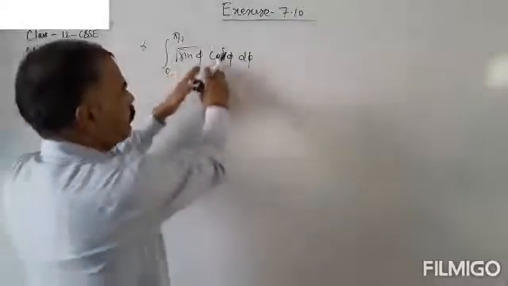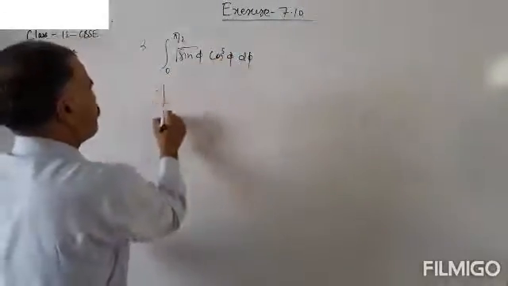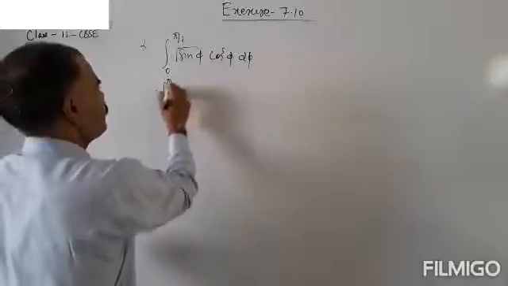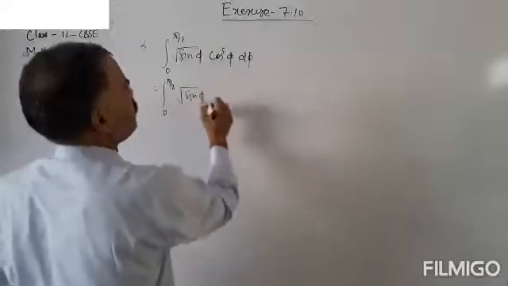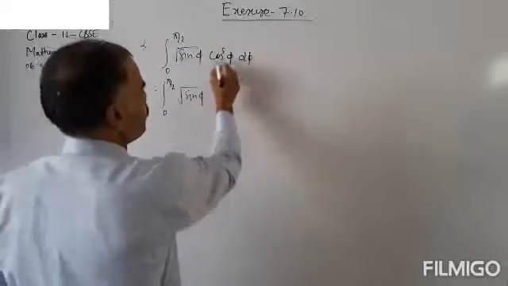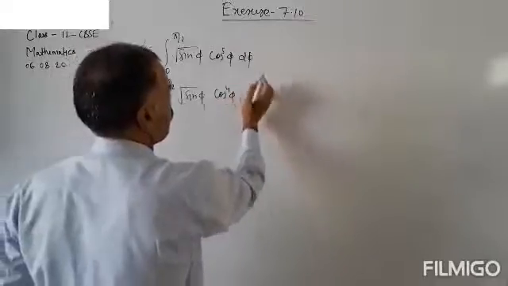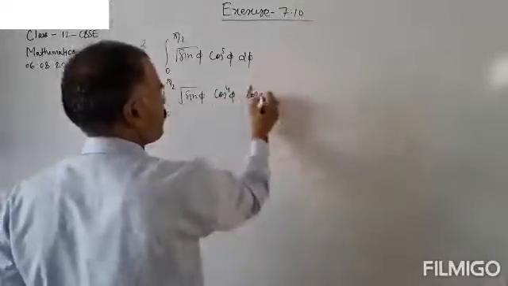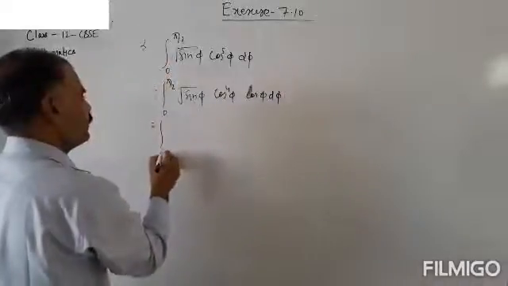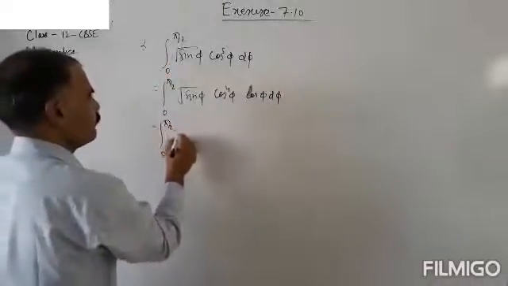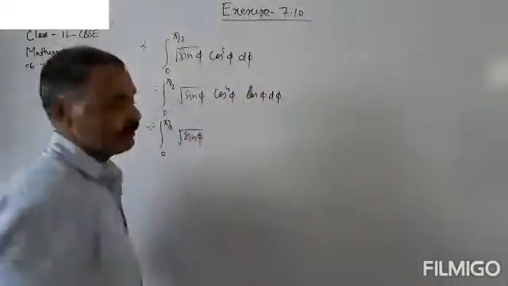Means we will split cos to the power 5 phi in 0 to pi by 2 as the integral of root sin phi, cos to the power 4 phi and cos phi d phi.